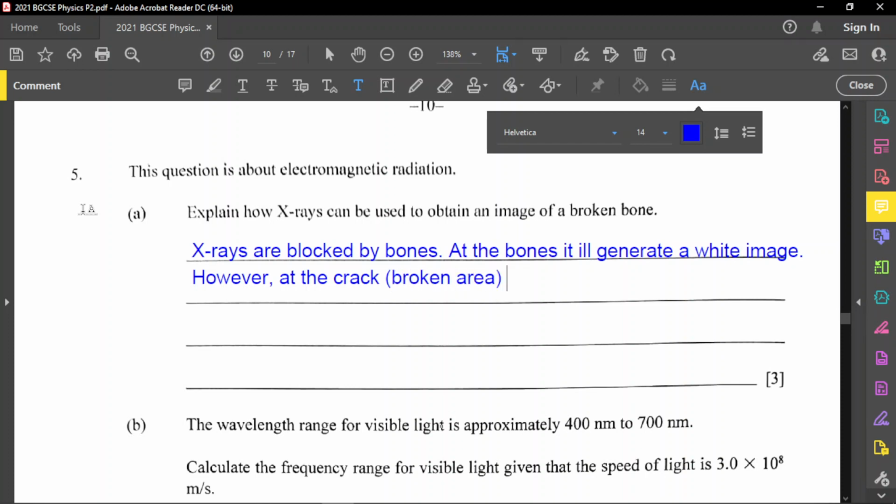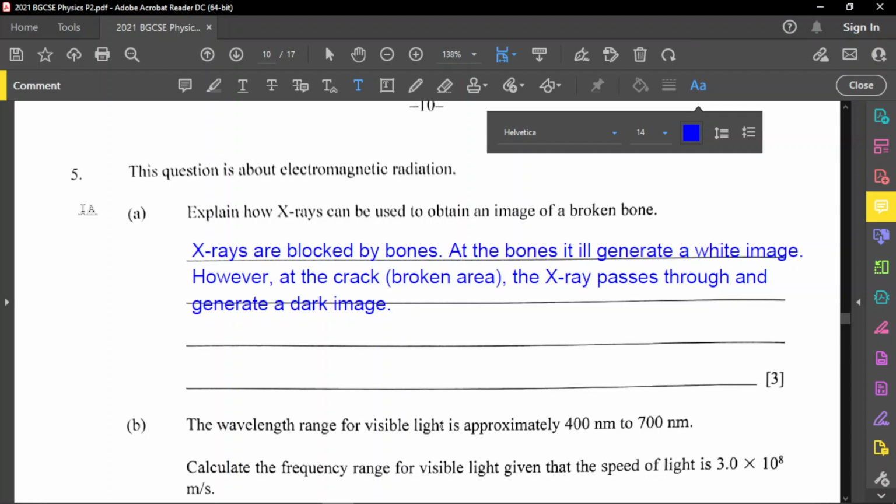At the crack or broken area, the X-ray passes through and generates a dark image. All right, so the bones appear white, but the crack will appear black, because as the X-ray passes through it, it appears to be dark.